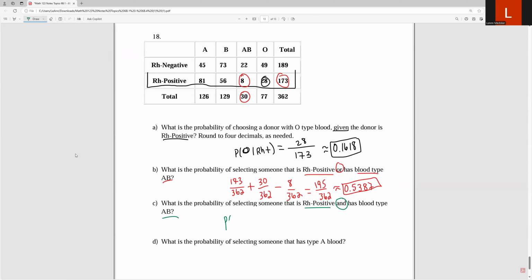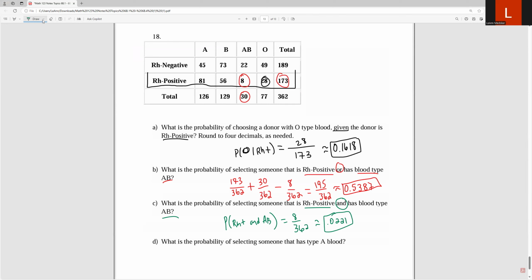So the probability of RH positive and AB is the 8 people out of the 362, because it's the same 2 categories we were just looking at. And if we turn that into a decimal, 0.0221, rounded to 4 decimal places.